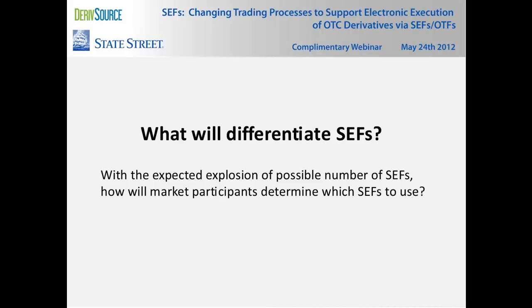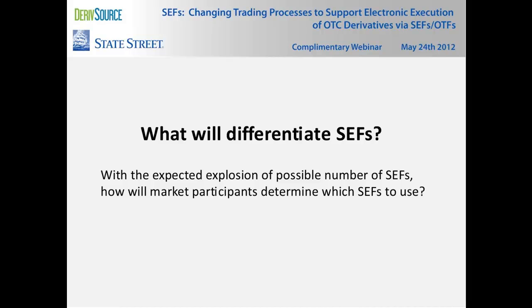On the product side, clearly, if you're trading rates or credit, some venues will offer all, but others will specialize in interest rates or credit or FX. Interestingly, in this cleared world, the product is not only what you're seeing on the screen or on the execution venue, but it's also closely tied to the back end where that product is being cleared.